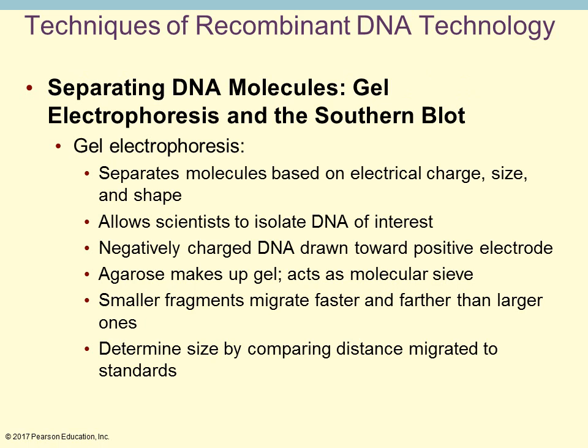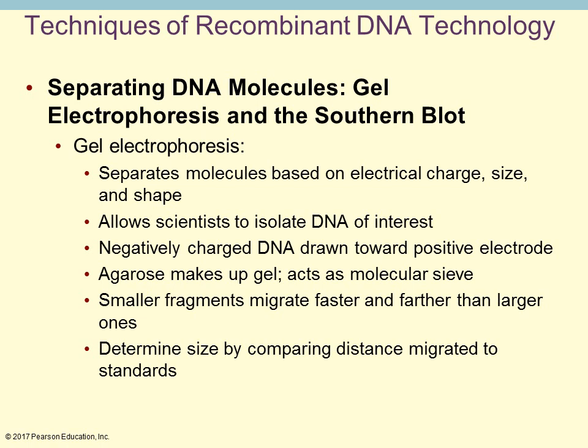You can also take the DNA and run what we call an electrophoresis gel. It's going to separate the DNA. What you do, you would take the DNA, you cut it up into those pieces, you run it on an electrophoresis gel. It's going to separate all those DNA pieces based on the size, the shape, and the electrical charge of it. You make this gel, its consistency almost kind of like Jell-O.